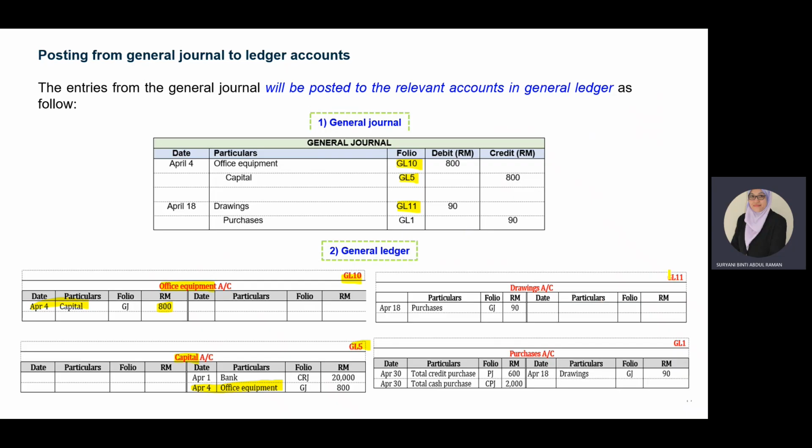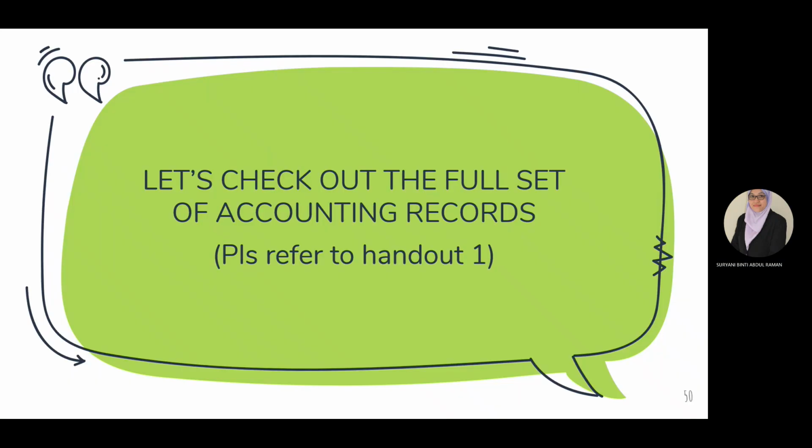GL11 is another new account. So you open it for the drawing account, record in the debit side. Okay, last one is the purchases. GL1, we already opened. So we just update. Okay, we have a transaction on drawing on April 18. So this is how you transfer the amount from journal to ledger for general journal transactions.